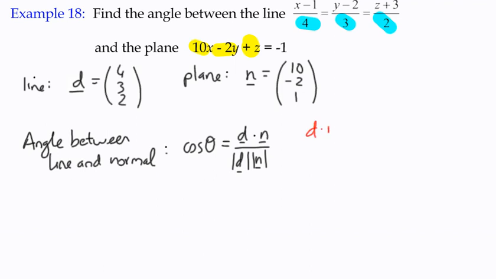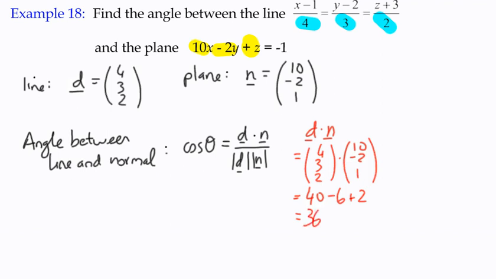Scalar product d dot n: 4, 3, 2 with 10, negative 2, 1 gives 40, minus 6, plus 2. What does that give us? 34, 36. We've got 36 on the numerator, and we're going to work out the two magnitudes.